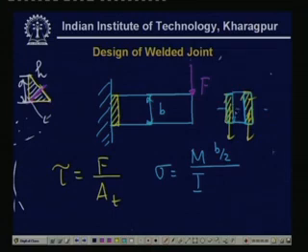And remember, here we must take the critical cross sections, that is, instead of taking the true size, we must take this size to be T, the throat length, which is equal to h divided by root 2. Then with this geometry of the cross section, we calculate I.